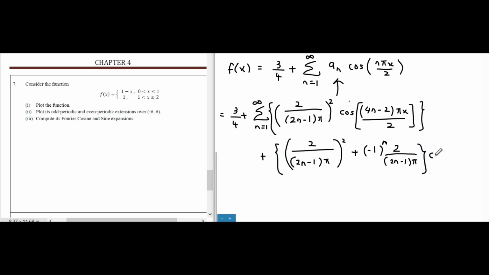And this is for the cos of odd number of n, 1, 3, 5 and so on.